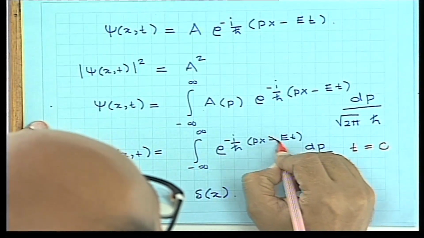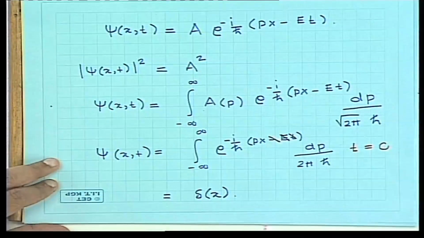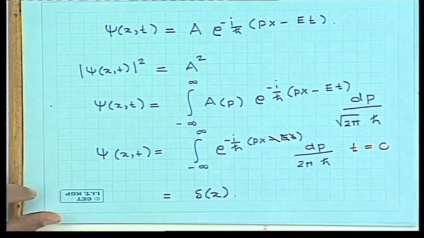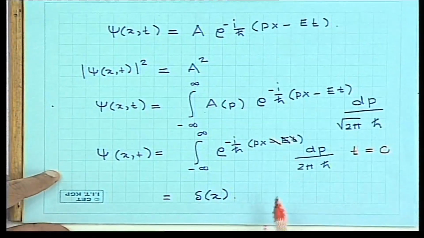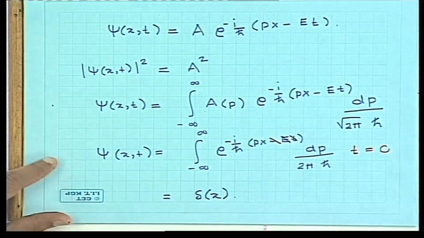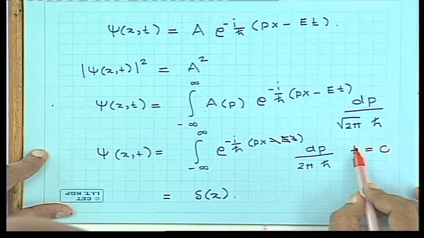So this will not be there. It is only a function of x. Many of you might have been wondering, if you had been following, why does t not appear here? Well, we were considering a time instant t equal to 0.